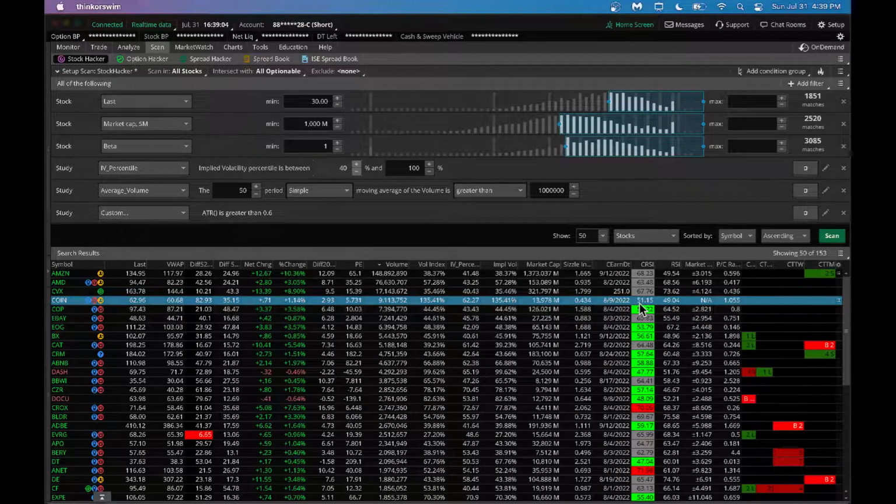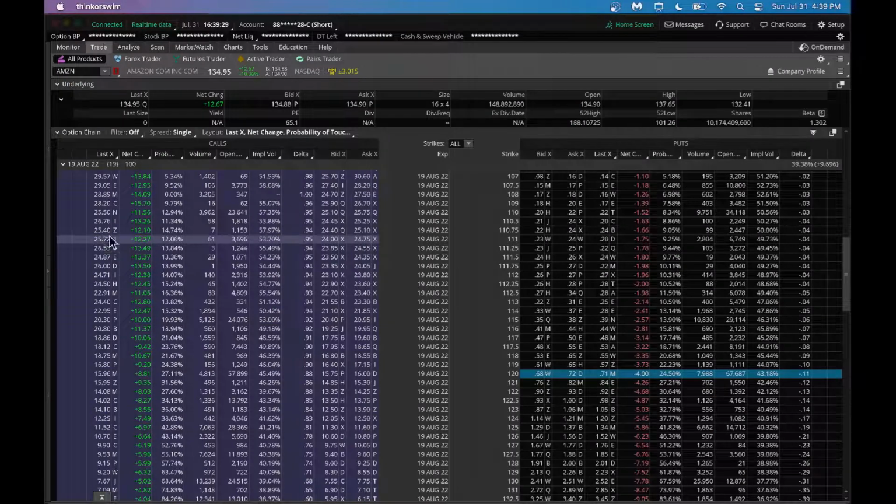Look, RSI is 51, but on a 30-minute chart RSI is 49. That tells you it may be weakening, but if you want to do a fade trade, look for even higher RSI on a daily basis, maybe above 60 or 70, and lower RSI on a 30-minute basis. That's the candidate for a fade trade, but Coinbase is not a fade trade yet.